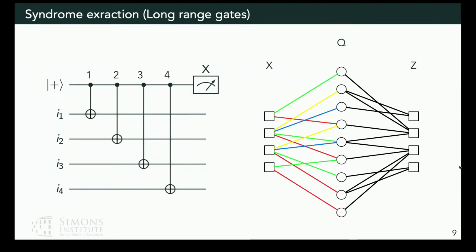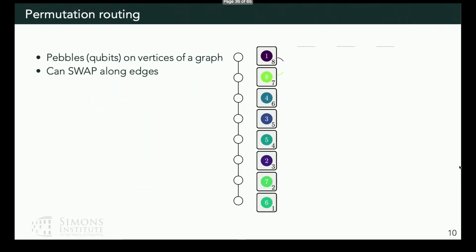So these colors tell us exactly which gates we should apply at which time step. For example, here, I'm going to apply all the red edges, a CNOT gate between my data qubit and my ancilla, then the green edges, then the blue edges, and then the yellow edges. And then I'm going to just measure the ancilla. Then you repeat this procedure with the Z checks, and this is one way to get a constant depth syndrome extraction circuit. So, okay, great.